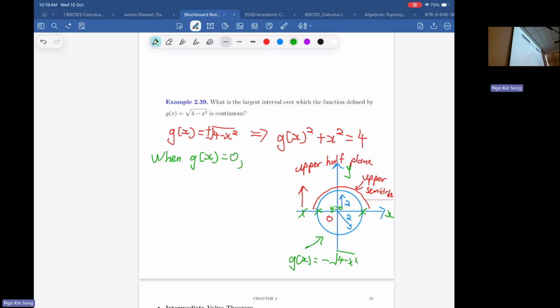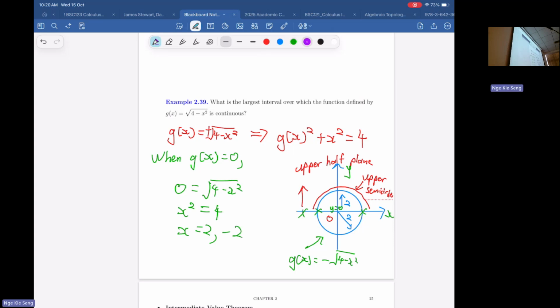So when g(x) equals 0, you have 0 equals the square root of 4 minus x squared, which is equivalent to x squared equals 4. How many numbers square to 4? Either 2 or minus 2. Make sense?